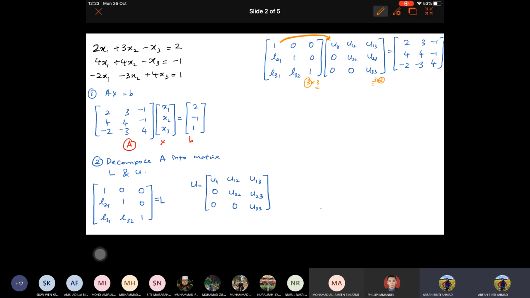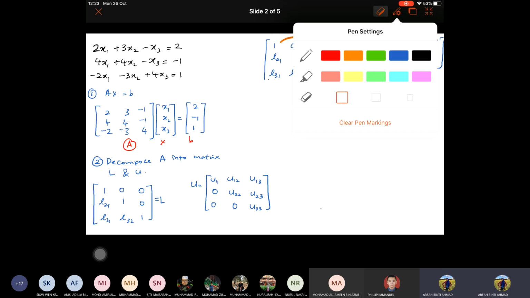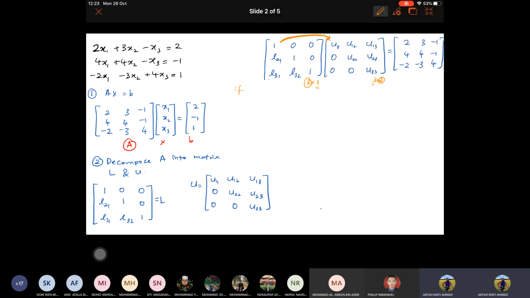So that is why, bila darabkan matriks L dan U yang dekat atas ni, awak akan dapat U11 untuk first element.